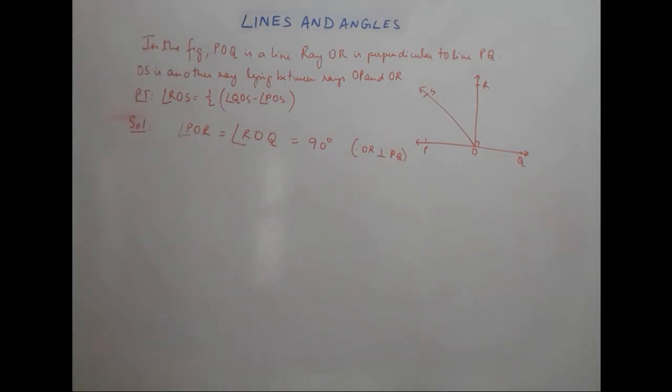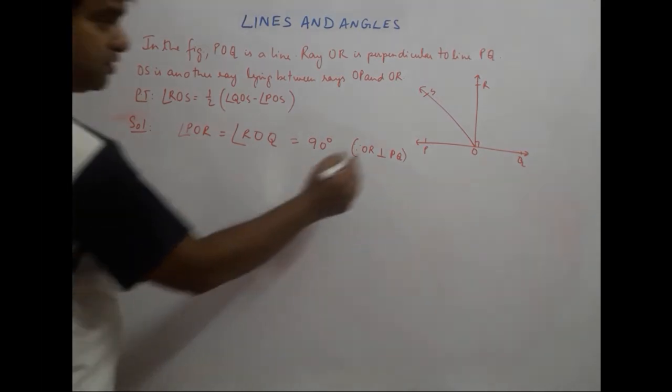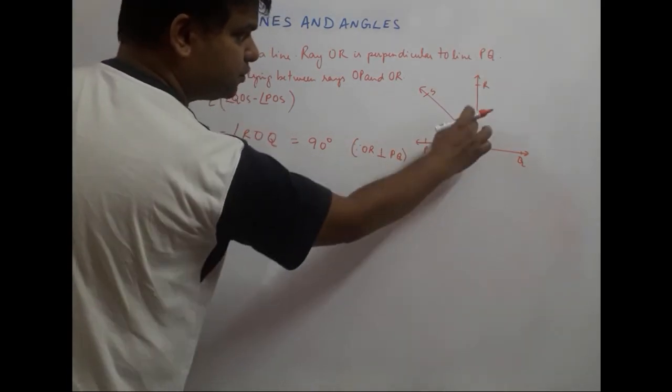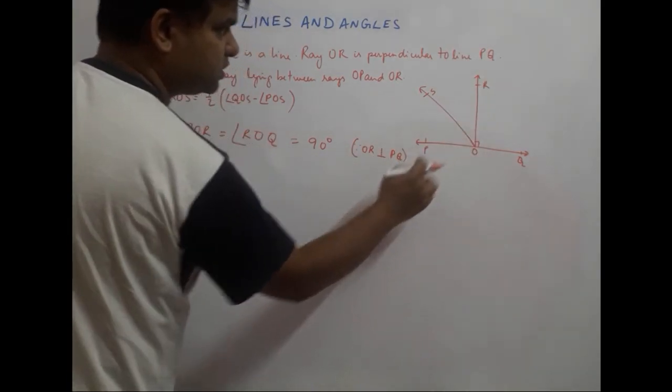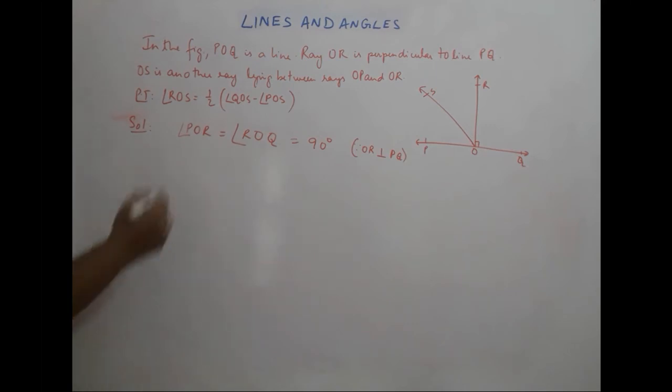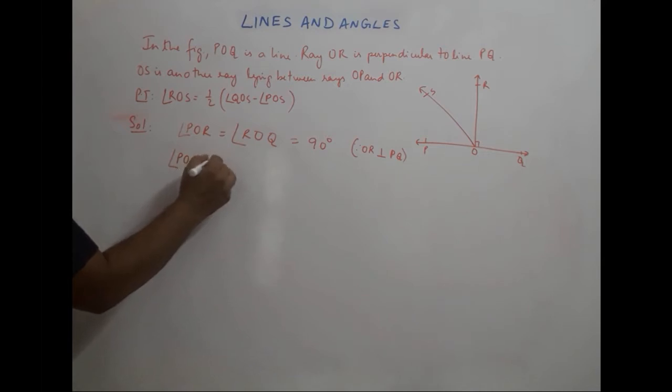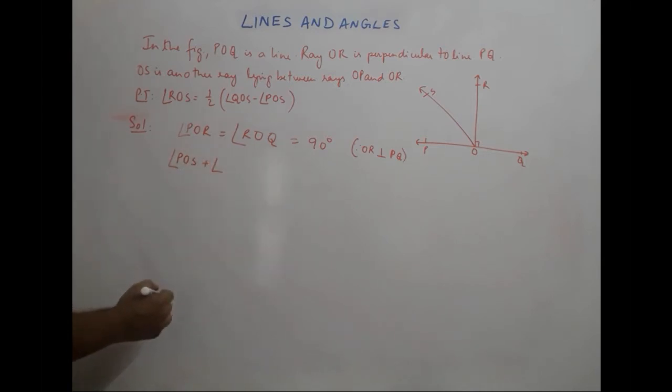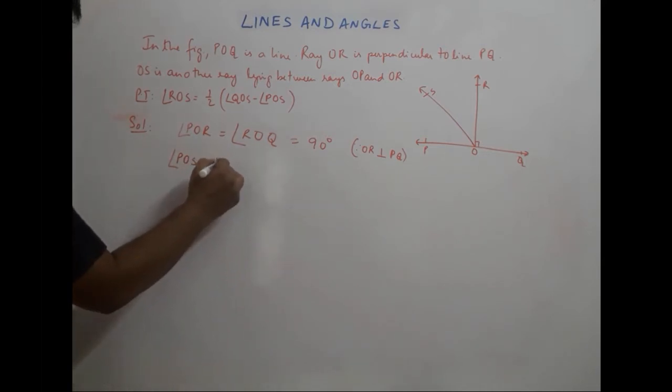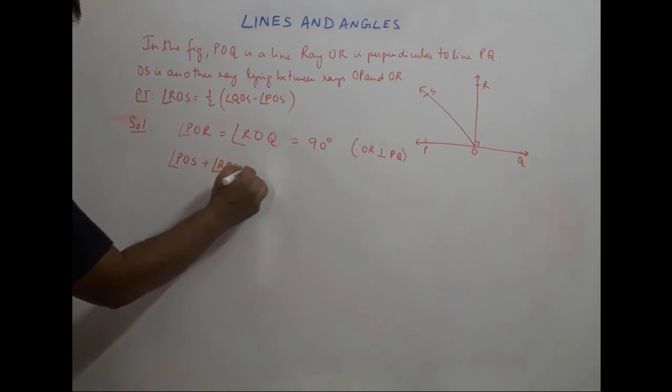Now what does POR consist of? POR consists of two other angles, this plus this, so we can replace POR with angle POS plus angle ROS.